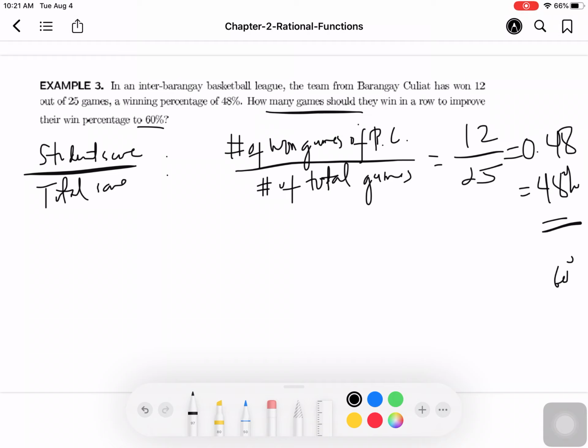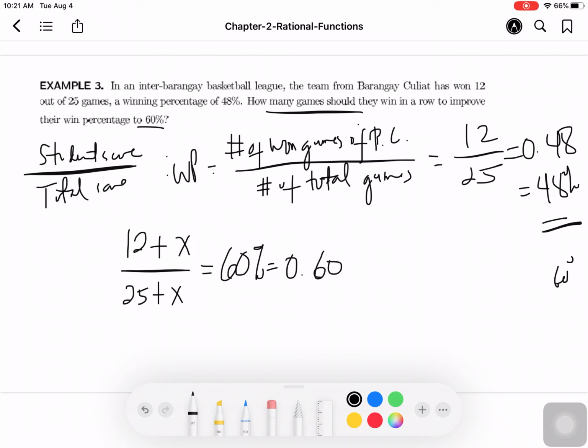Okay, to do that, we will add. Say for example, x is our variable for the additional number of games. So if they play x additional games, x is also in the denominator. So our aim is for this fraction, their winning percentage, to be equal to 60%, or 0.6.